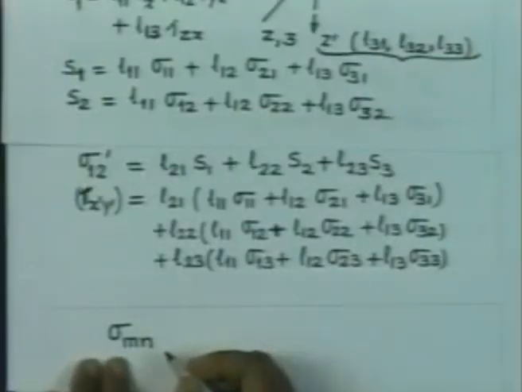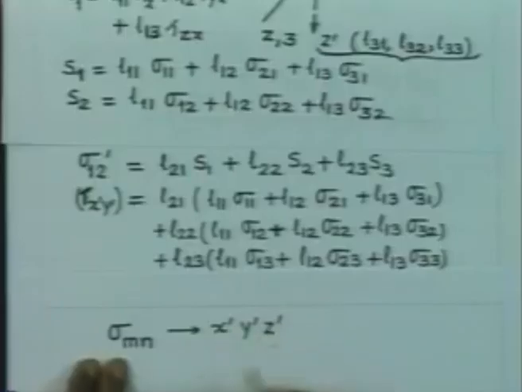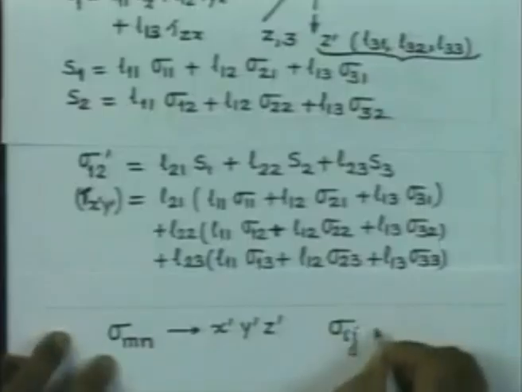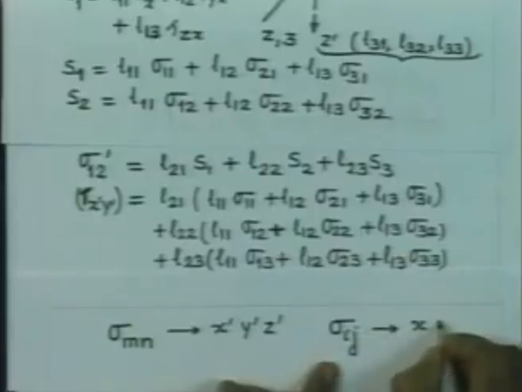Suppose these are the stresses in the new system x dash, y dash and z dash, and we have the original set given as sigma ij, let us say, in the system x, y, z.